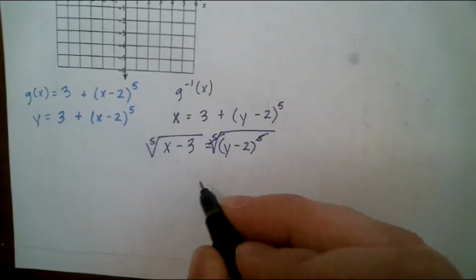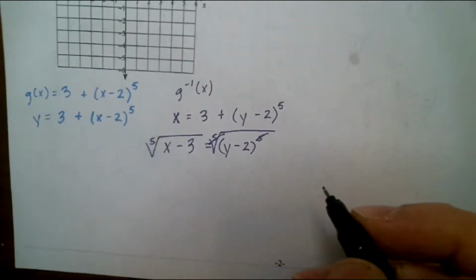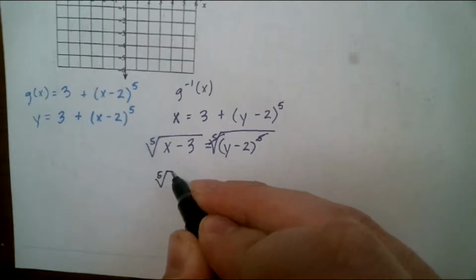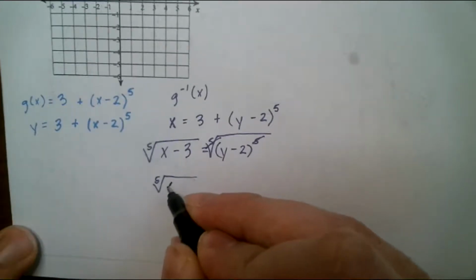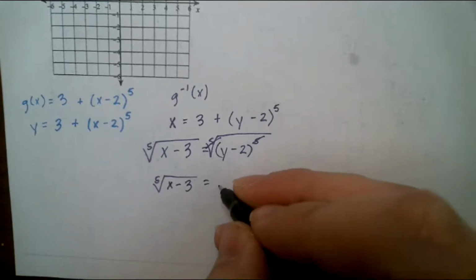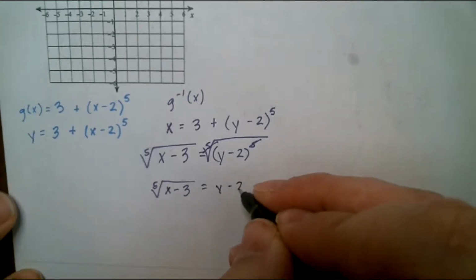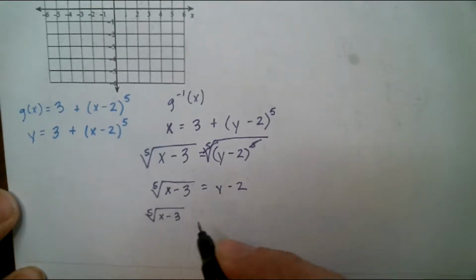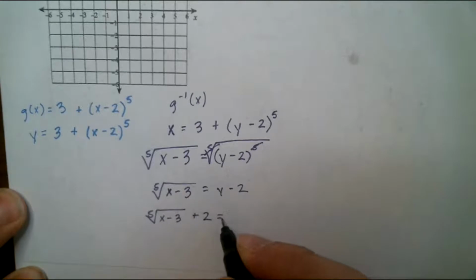That cancels, and then I have the 5th root of x minus 3 equals y minus 2. So then the 5th root of x minus 3, and then plus 2, is equal to y.